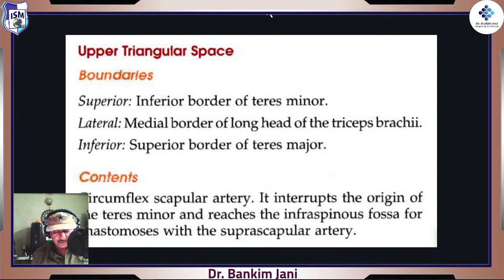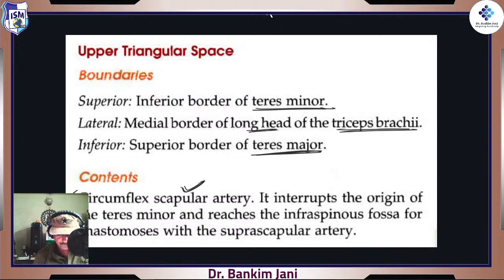Now upper triangular space, right? We saw that inferior border of teres minor, right? Teres minor, then medial border of this long head triceps, and the superior border teres major. That's how it goes. And content, circumflex scapular artery, right?